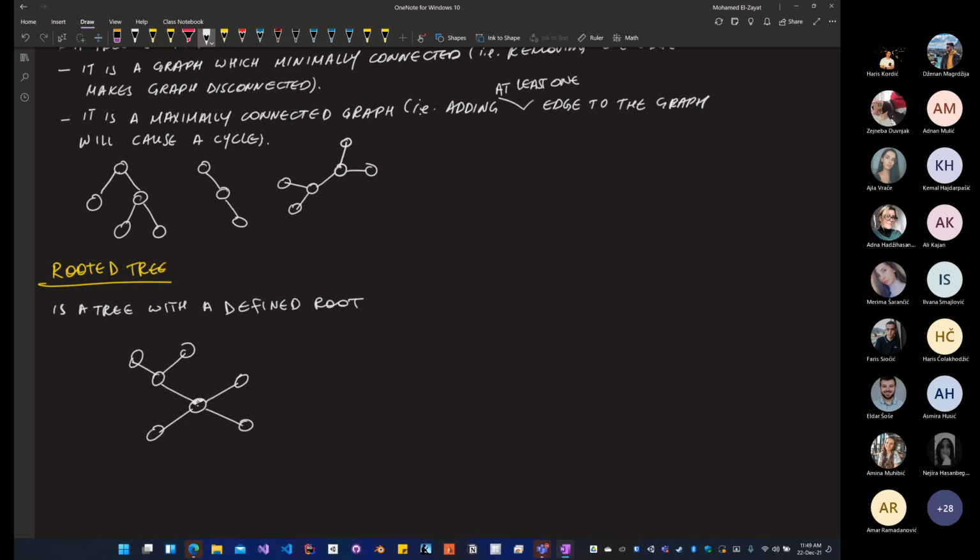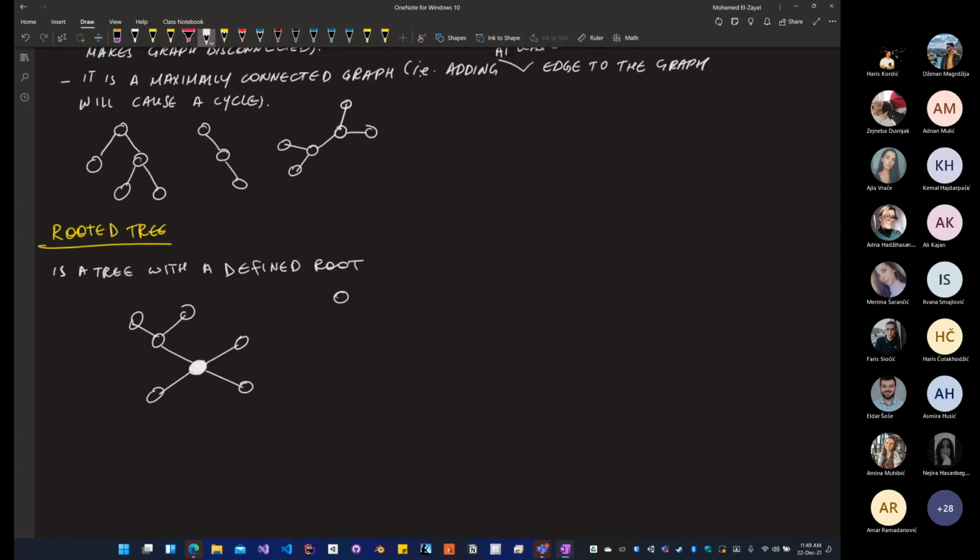Okay, this is the root of the tree, for example, right? And if you have something like this, then this is the root of the tree. They call it the rooted tree because it has a designated, well-known root. Okay.